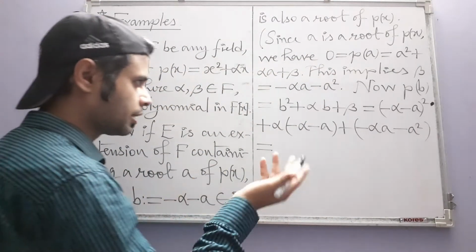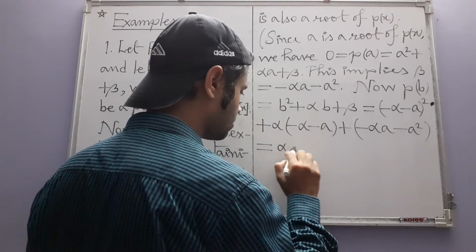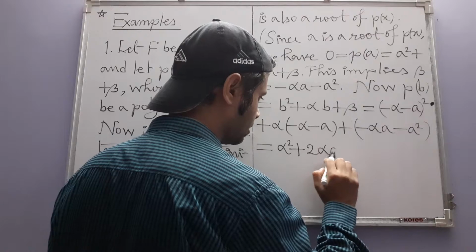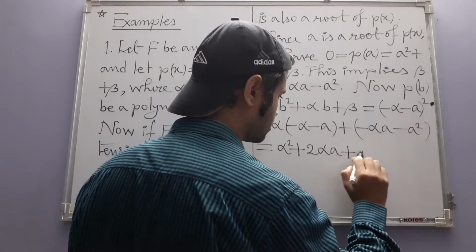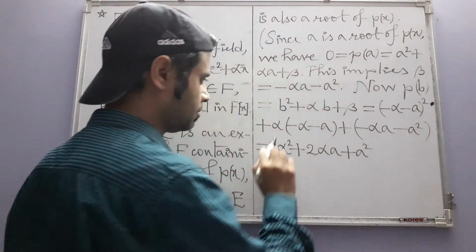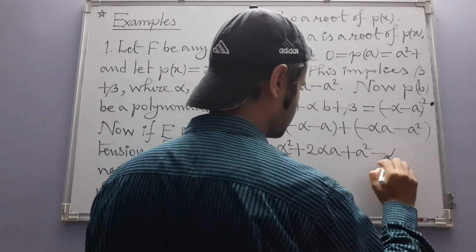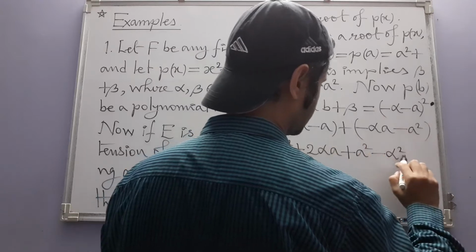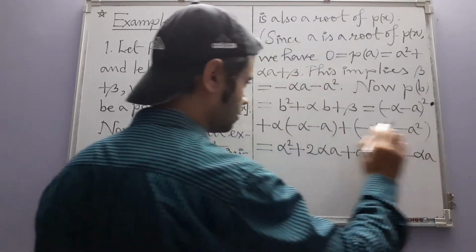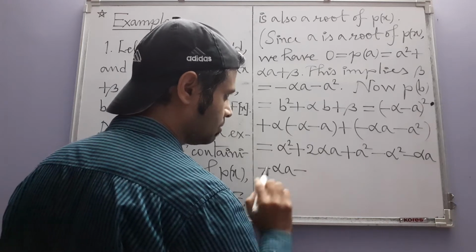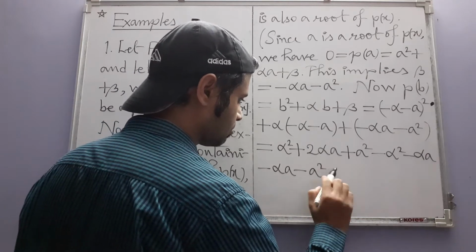So we now expand the square. Doing that, we get alpha squared plus 2 alpha a plus a squared, and we do the other multiplication also, minus alpha squared minus alpha a, and already we have minus alpha a minus a squared.